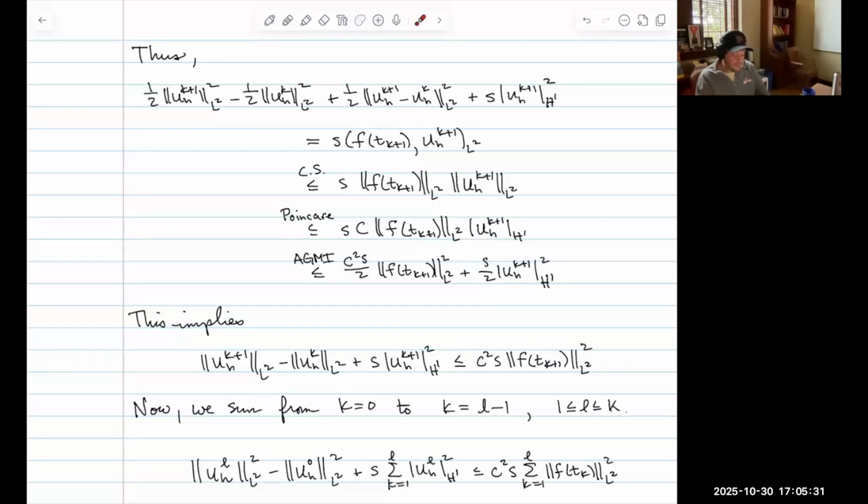The only thing that's going to survive is the term here associated with the largest index. So it's going to be L minus 1 plus 1, that's just going to be time index L. That's going to be the largest one. And the last one here is just going to be equal to the first time index associated to k equals 0.